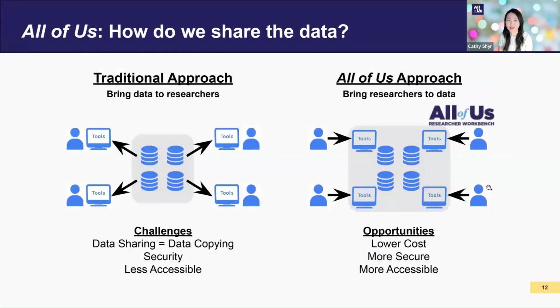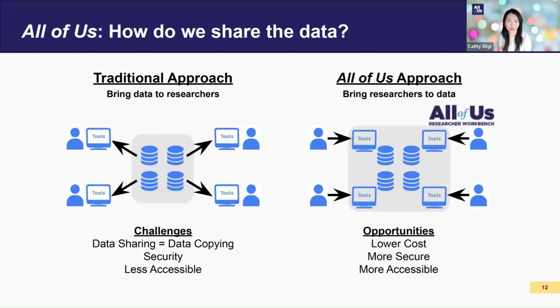And one of the ways that we keep the data secure is in the way that we share the data with users. Traditionally, the approach is to have a centralized copy of the data, and then the users can share or copy that data set into their own local environments or local machines. And so with this, there may be a higher risk of compromising data security, and the data may be less accessible.